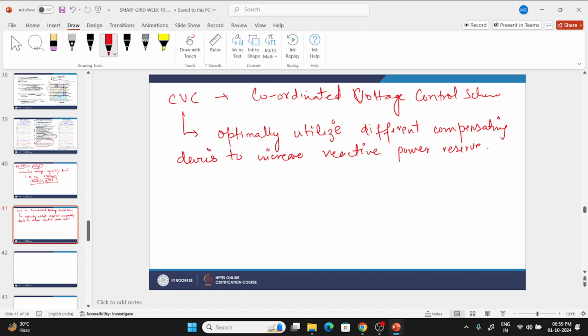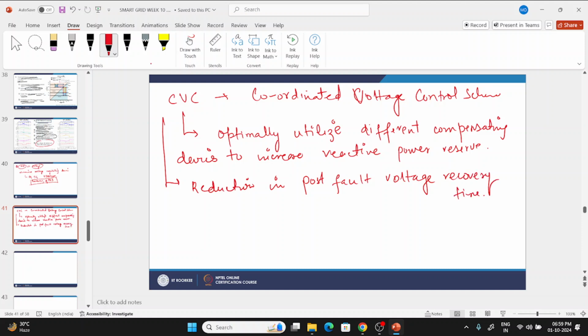Okay, and it also helps in reducing the post-fault voltage recovery time. So what are the objectives of the coordinated voltage control scheme?